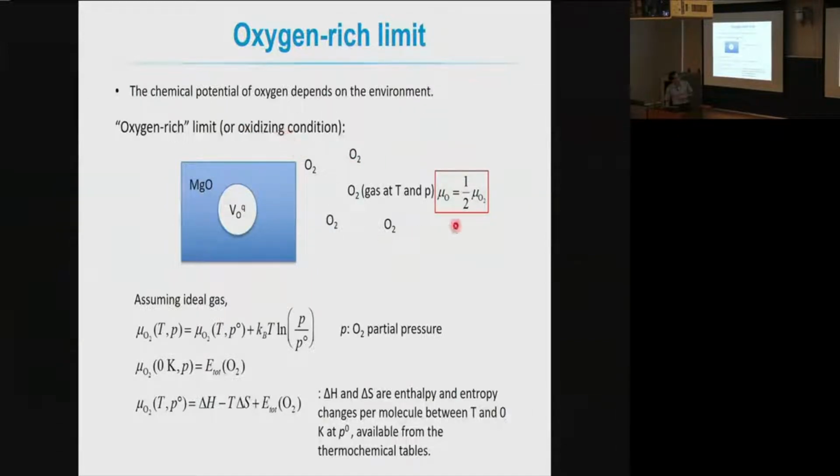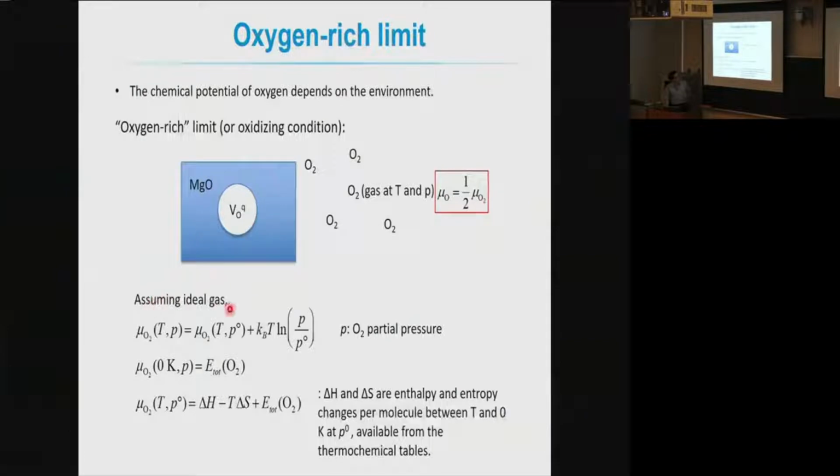This oxygen gas defines the oxygen chemical potential, right? Maybe you have seen this in your thermodynamics class. The atomic oxygen chemical potential is half of the chemical potential of the O2 molecule, and this environment itself defines the chemical potential of the O2 molecule.